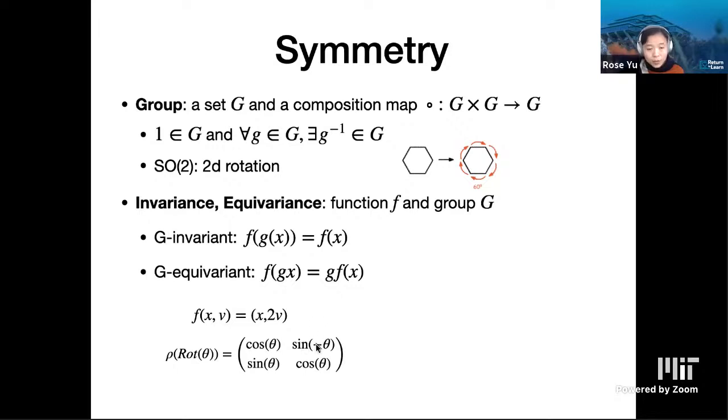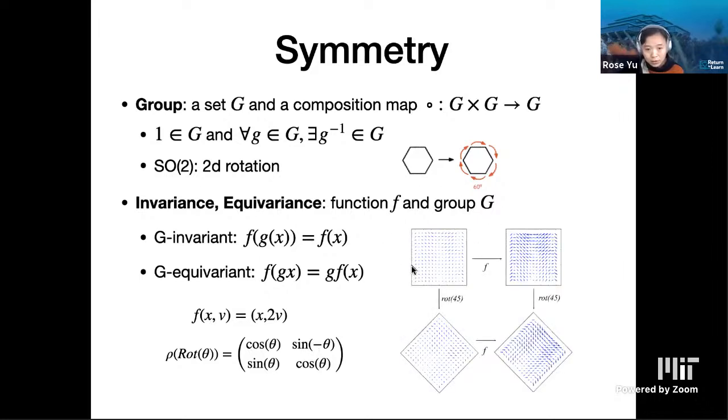So when we say a function is equivariant to the rotation group, that just means, let's say we apply the transformation to the input, so we rotate the velocity field by 45 degrees, and then we apply the scaling function by scaling the velocity by 2.